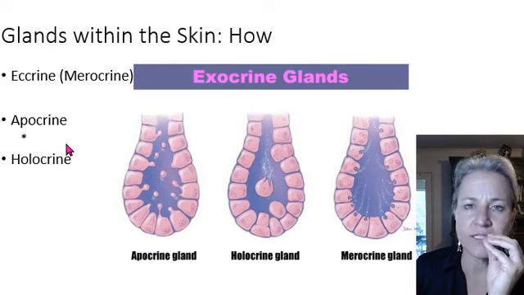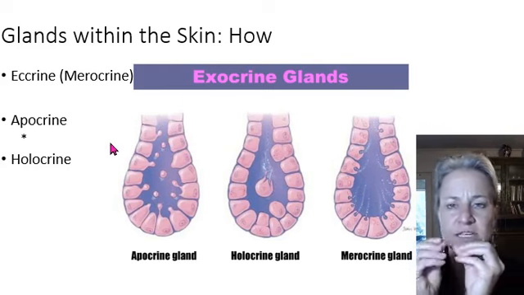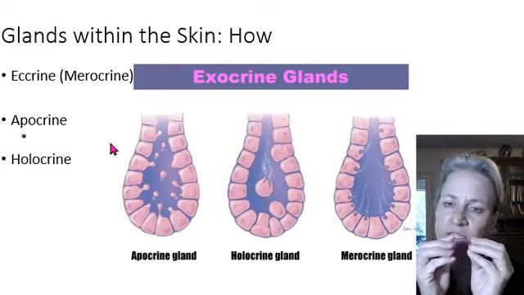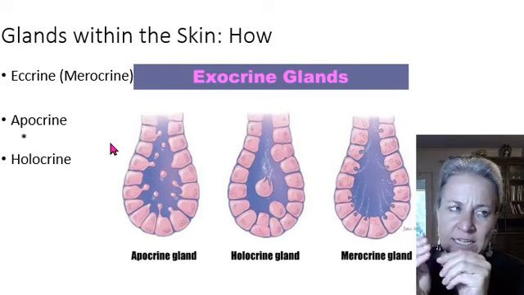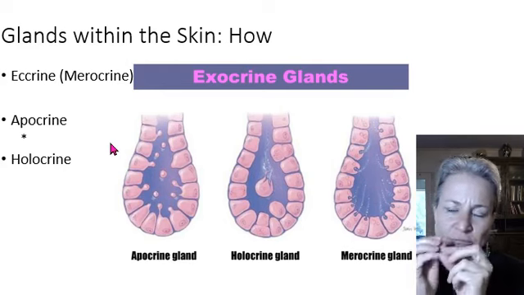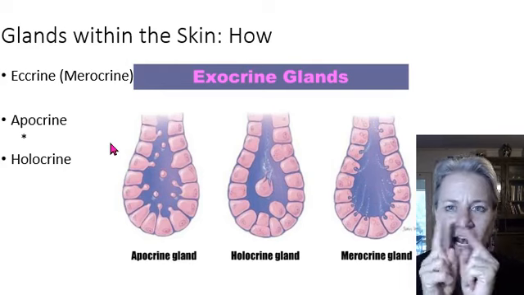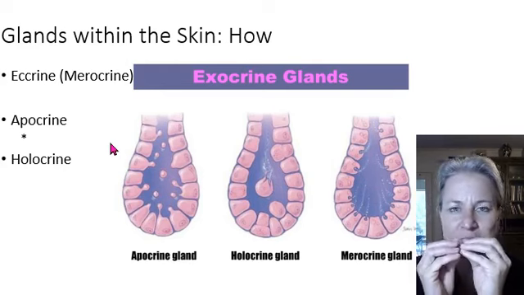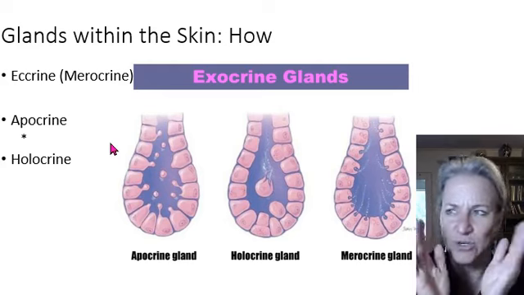And because of that particular method, it gives the secretion a distinct odor. So apocrine glands create sweat, but by pinching off part of the protoplasm, which gives you your distinct odor that allows dogs and pigs and these animals to smell and find you if they're on a search and rescue.